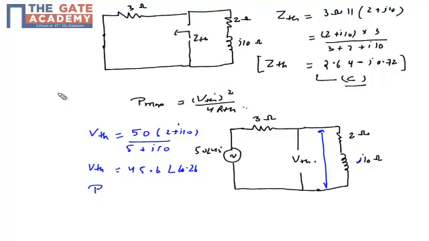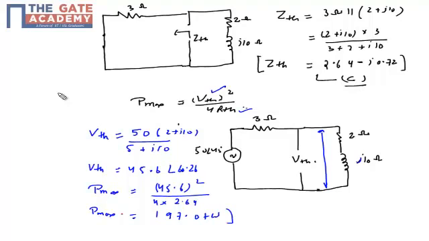I know VTH and I already know RTH, so I calculate P max, which is 45.6 whole square upon 4 into 2.64, using the real value. So my P max will be 197.07 watt. In the problem, this is option C.